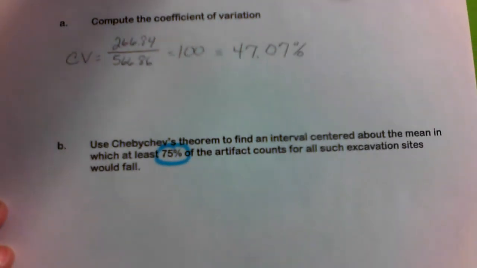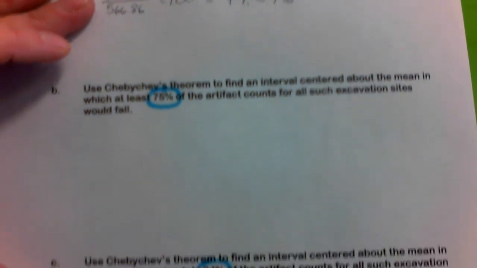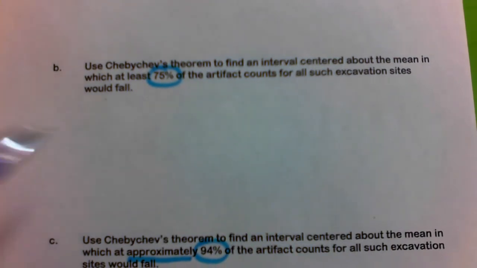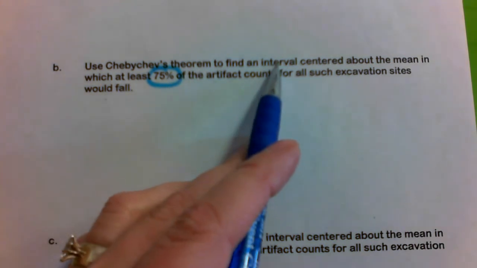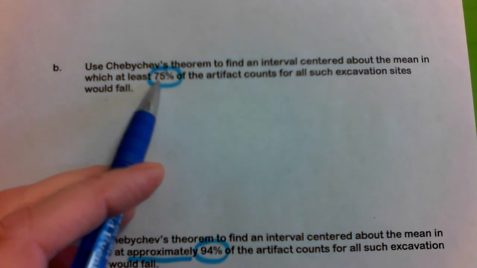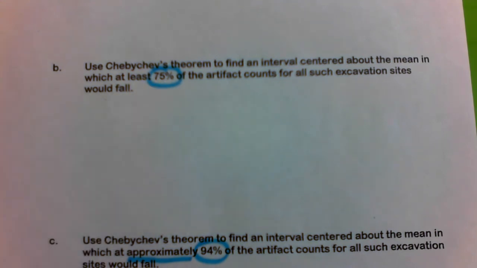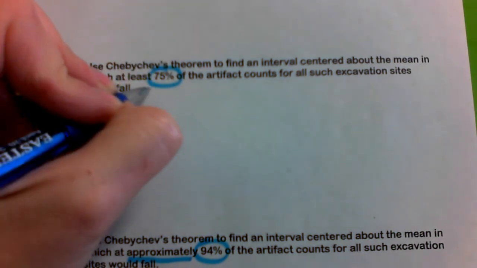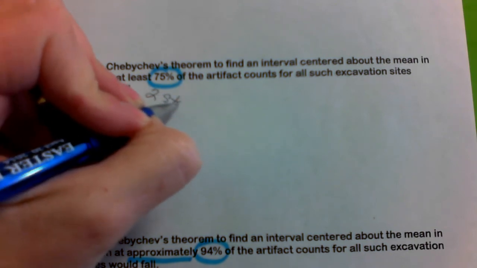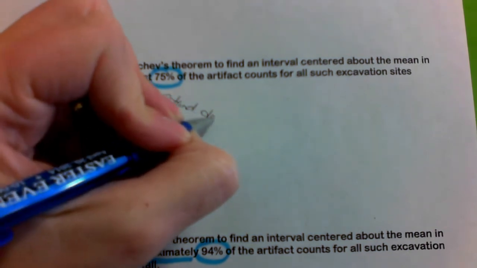All right. Then it wants us to calculate Chebyshev's theorem. Now, with this theorem, you're creating an interval, which means there's going to be 2 numbers. As soon as I see 75%, I think back to Chebyshev's, and that tells me it is within 2 standard deviations.